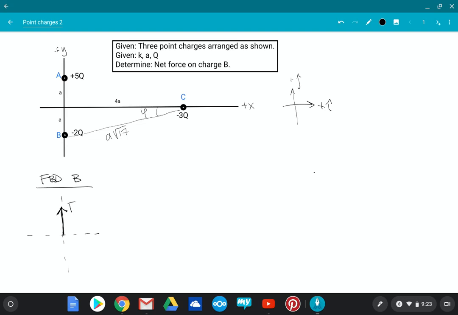And I can label that as the force between particles A and B. And then particle B is going to be repelled from particle C because they're the same sign. So that's going to be off in this direction, and I'll call that the force between B and C. And I'm going to go ahead and label this angle phi.